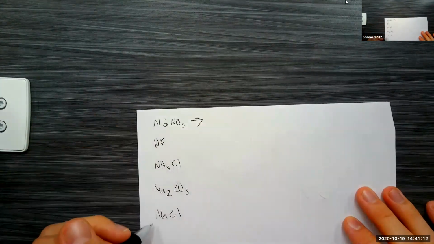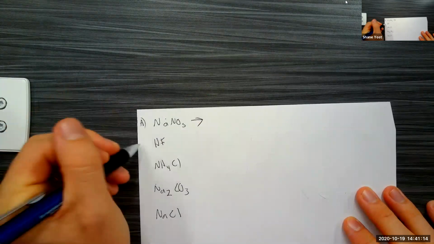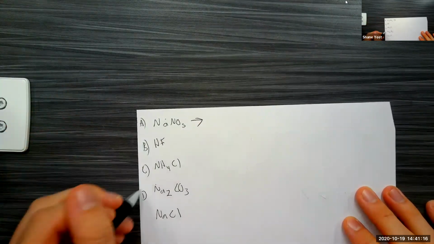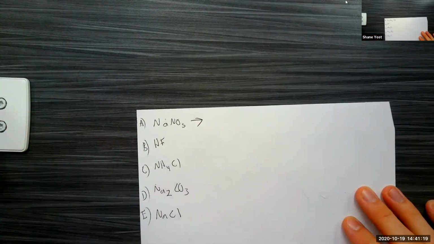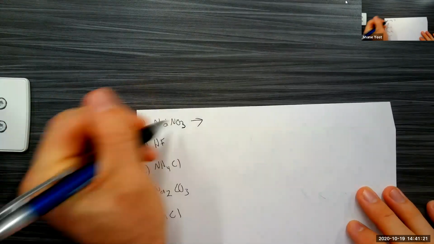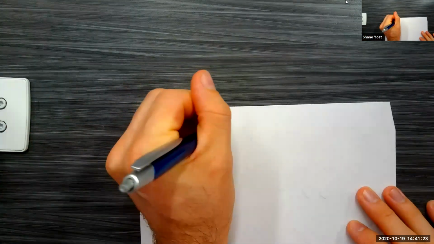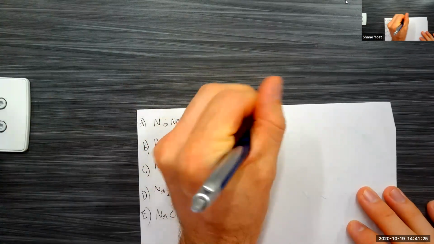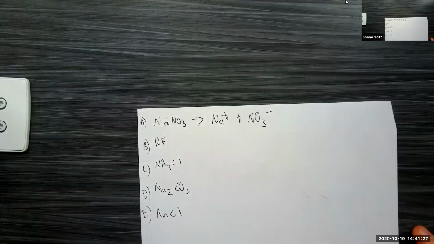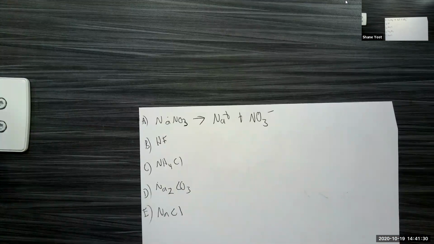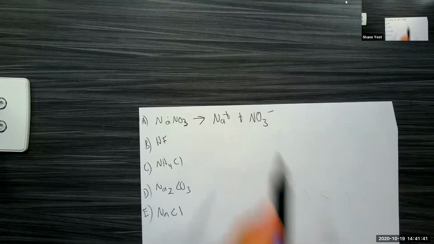So these are options A, B, C, D, E. NaNO3 is Na plus and NO3 minus in solution. Will Na plus impact the pH? No. Na plus comes from NaOH, a strong base, so it does not change the pH. Will NO3 minus impact the pH?